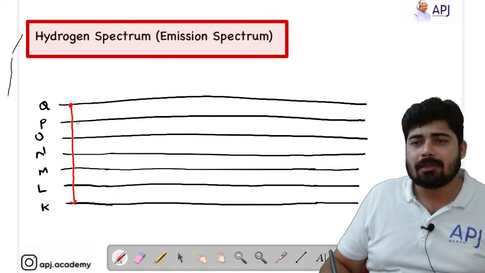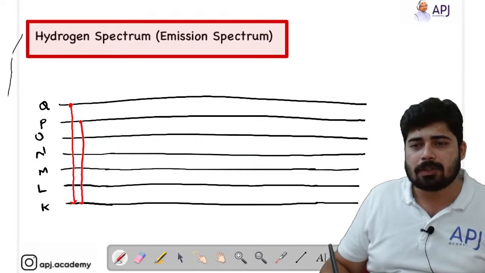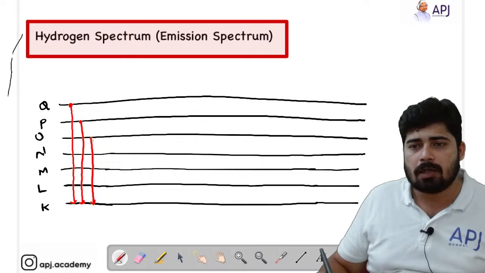Now think that if the electron is present in the 6th shell, then it is jumping straight to the first shell. Likewise 7 to 1, 6 to 1, 5 to 1, 4 to 1, 3 to 1, and finally 2 to 1.